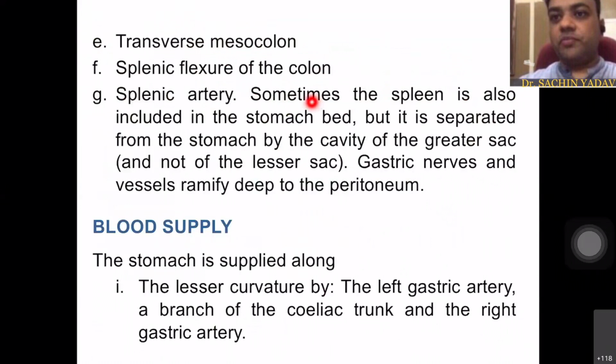One is from the ascending colon on the right side under the liver, in relation to the liver, known as the hepatic flexure, and the transverse colon bends downward to continue as the descending colon on the left side in relation to the anterior end of the spleen, known as the splenic flexure of the colon. And the splenic artery runs above the pancreas and the spleen. So all these form the stomach bed.